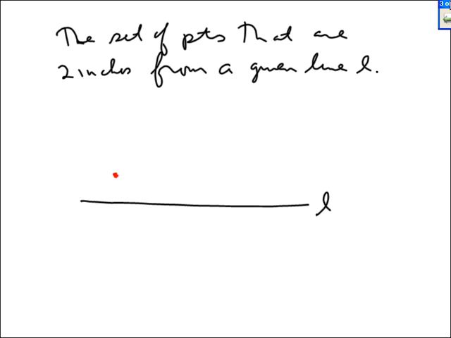Well, this point is 2 inches. Why? Because that distance is 2. This point is 2 inches. Remember, the distance from a point to a line is not this distance, it's not that distance, it's not this distance, it's the one that meets at a right angle.